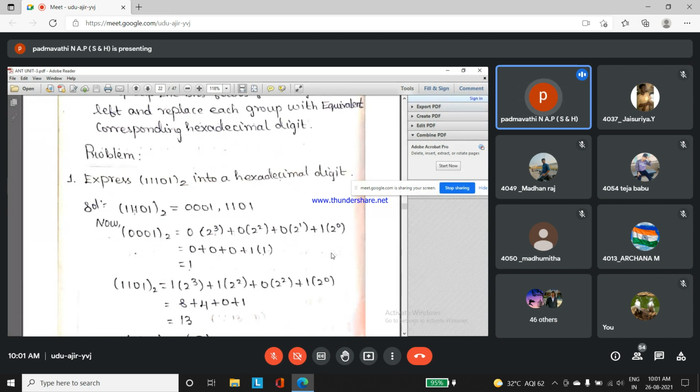Now form the group of 4 digits, taking from right to left.